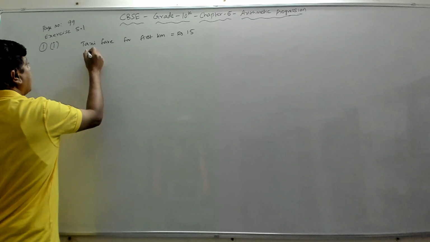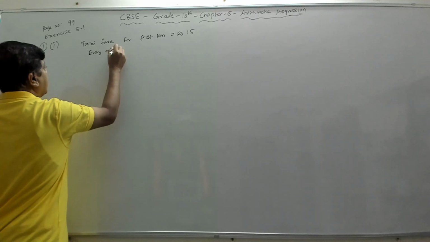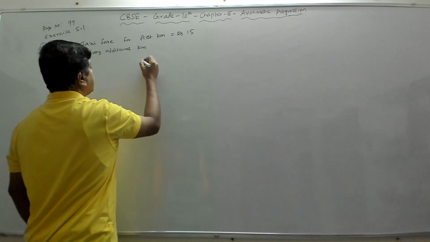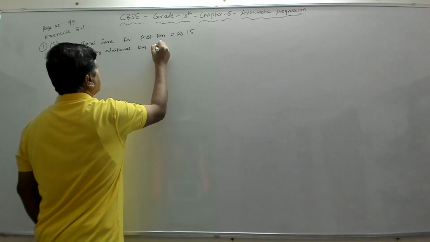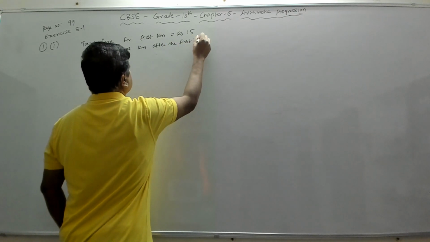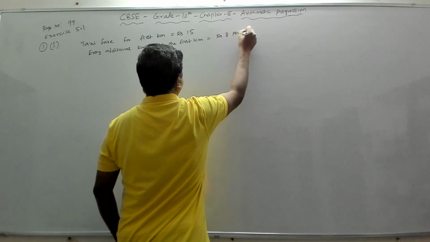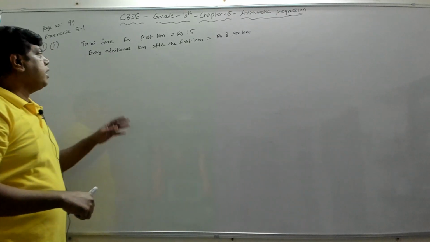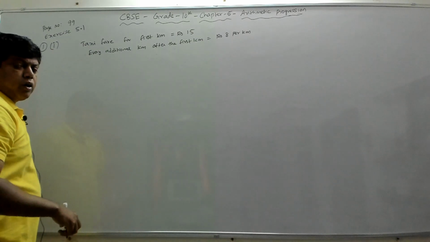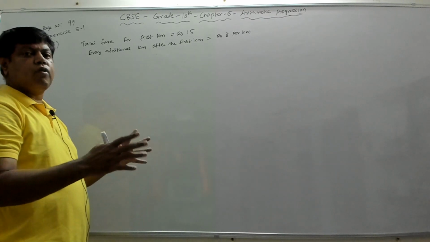Then every additional kilometer after the first kilometer is equal to rupees 8 per kilometer, right? For every additional kilometer after the first kilometer it is rupees 8 per kilometer. Now we have to see whether the taxi fare for each kilometer forms an AP or not.